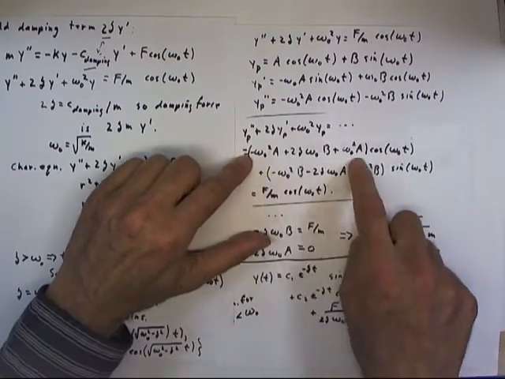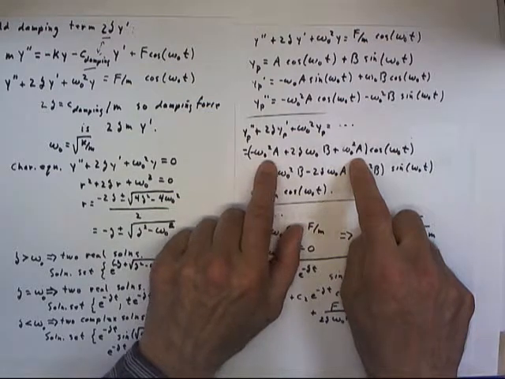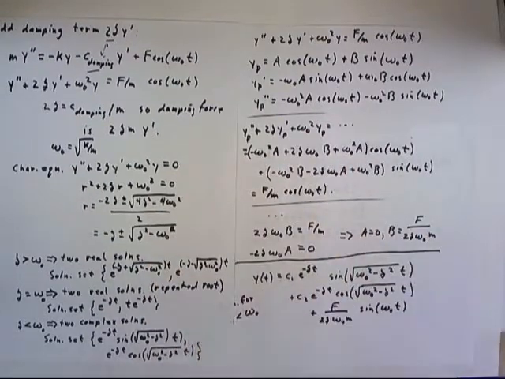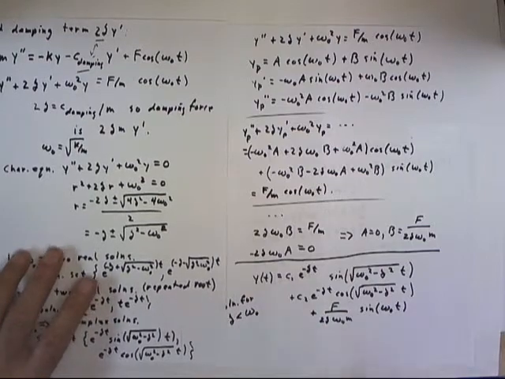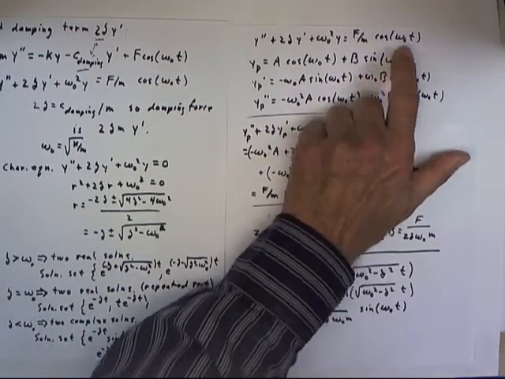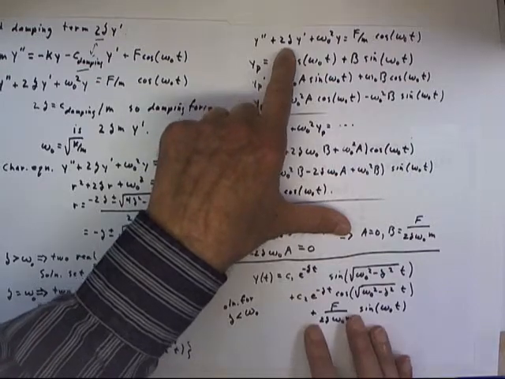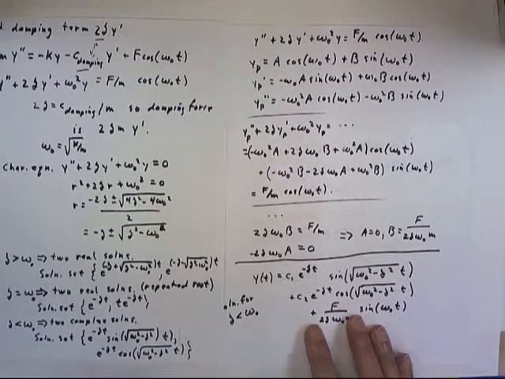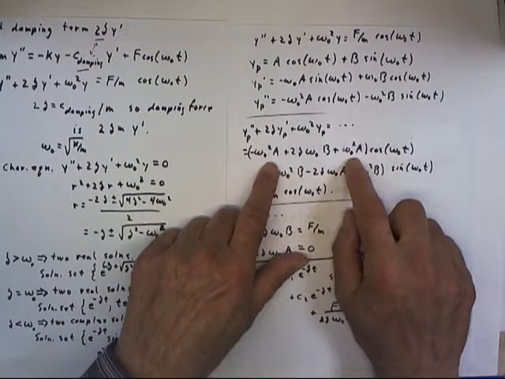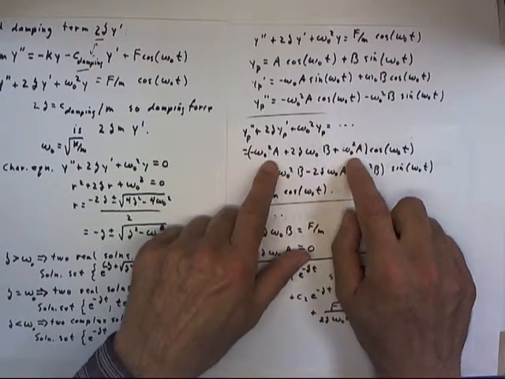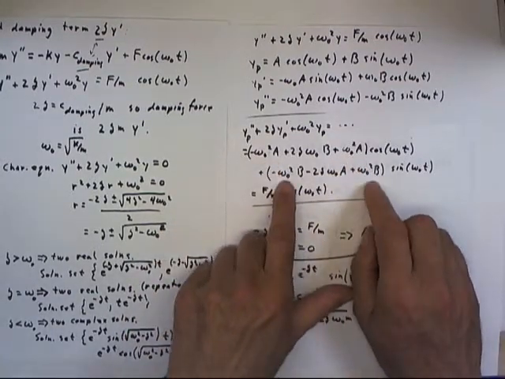Now, I haven't simplified this term, but we notice that we have a negative omega naught squared A and a positive omega naught squared A here. So there was good reason why I chose the natural angular frequency that would occur in the absence of drag. If I hadn't done that, these two terms would not have added up to 0, nor would these.